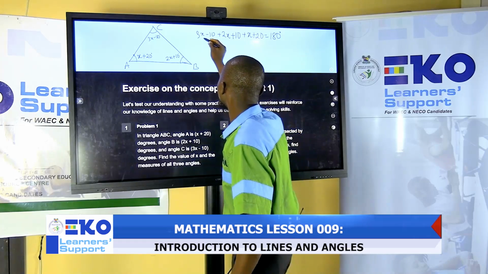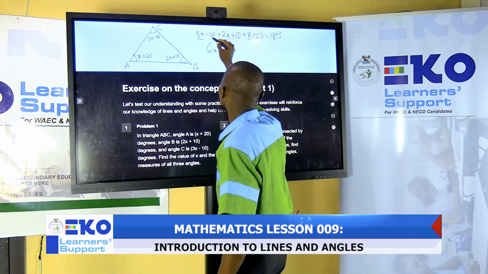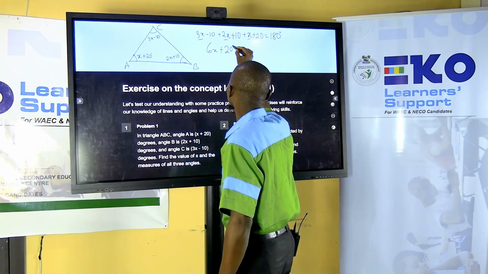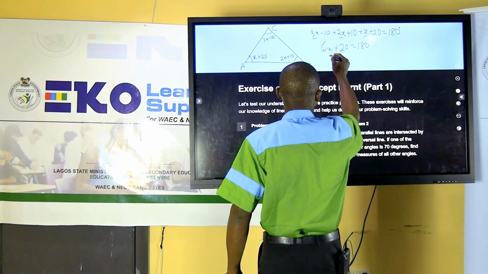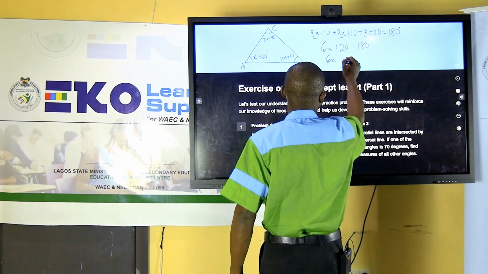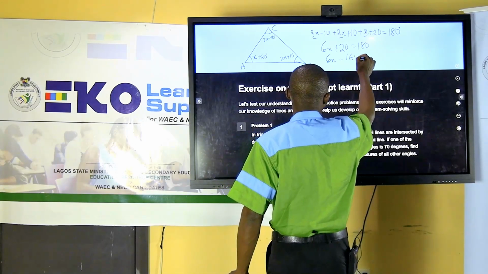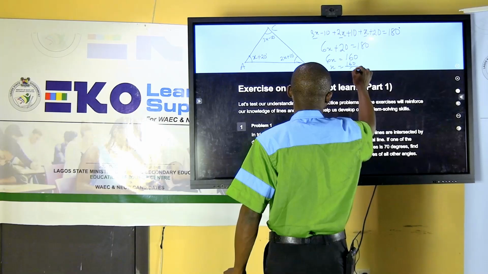Is that clear? So this is 3x plus 2x, 5x plus x, that's 6x. Minus 10 plus 10, that's 0, plus 20 equals 180 degrees. When you collect like terms, we have 6x equals 180 minus 20, which gives us 160. And x will be equal to 160 divided by 6.